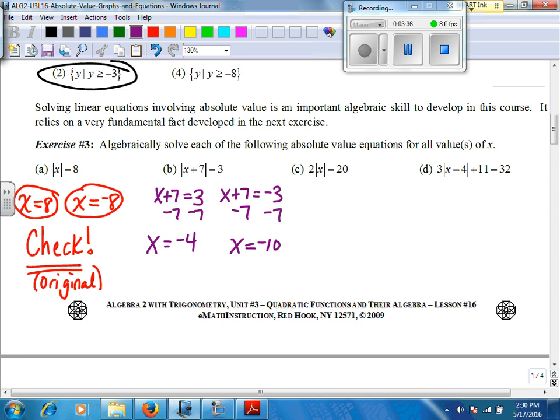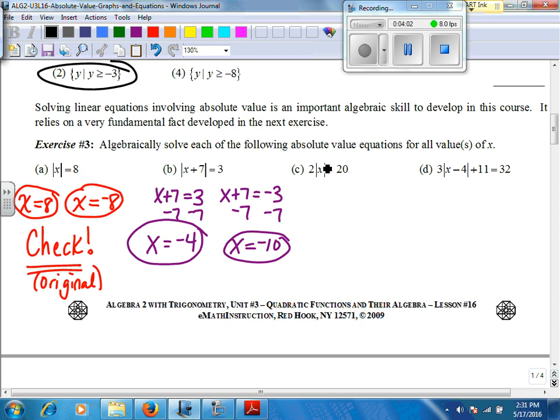Now we've got to make sure both of these work. If I substitute negative 4 back into here, negative 4 plus 7 is 3, absolute value of 3 is 3. So that one works. Negative 10 plus 7 is negative 3, absolute value of that is 3, so that one works as well. It definitely is possible that one would check and the other wouldn't, or that both of them don't check, and in that case your answer would be no solution.